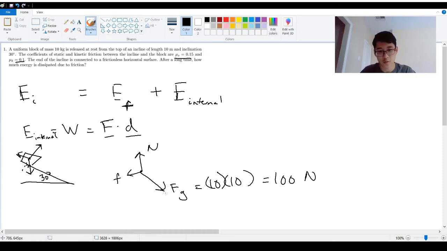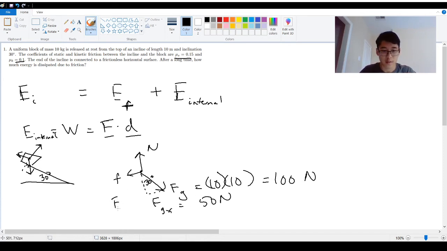That gives us 100 newtons for the force of gravity. And we know that this is at a 30-degree incline, so the x component of the gravitational force is going to be 50 newtons, right? Sine of 30 degrees, which is 1/2, times 100, is equal to 50.